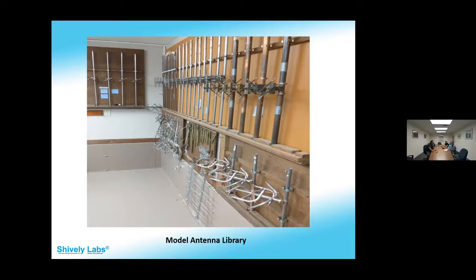Yes, I don't recall off the top of my head what the power level is, but I do know that it was one of the considerations during the construction, because the antenna range was revamped in 2011, I think.